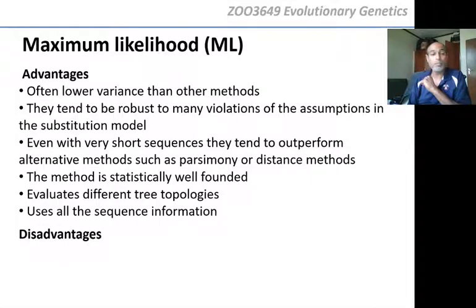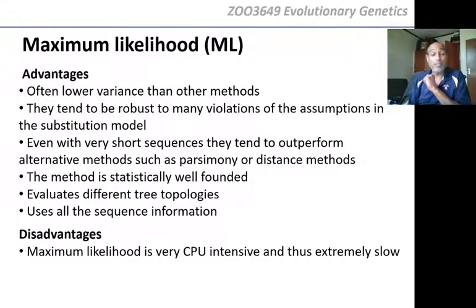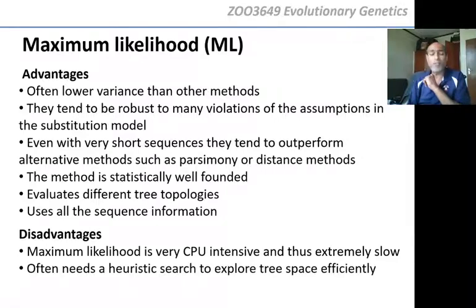So the disadvantage is that maximum likelihood is extremely slow, and it takes many big CPUs to calculate. You have to have a very, very fast computer, and it often needs a heuristic search to explore tree space efficiently. Now, what on earth does Prof mean by that? Well, that is what we call the Markov chain Monte Carlo search method in tree space.